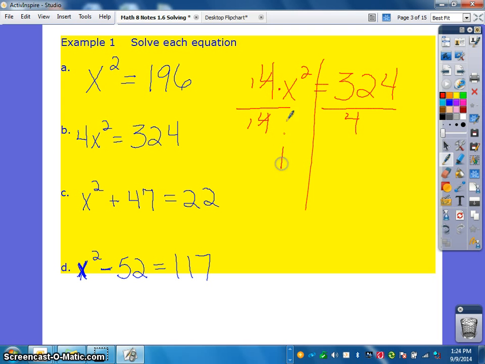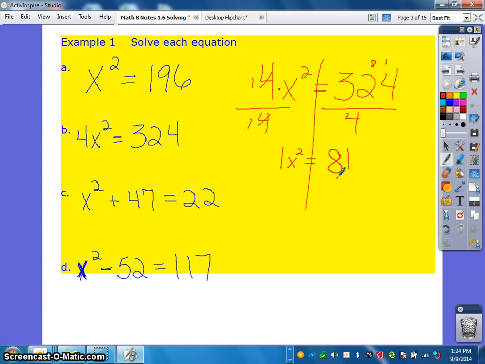So now I'm back to my 1 with my x squared equals 324 divided by 4 on this side is what? 4 goes into 32 8 times. 4 goes into 4. So what is 324 divided by 4? 81. Am I done?